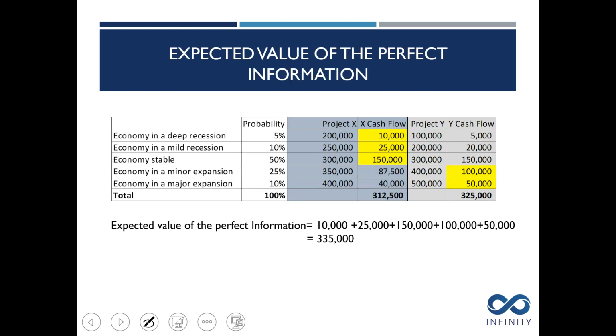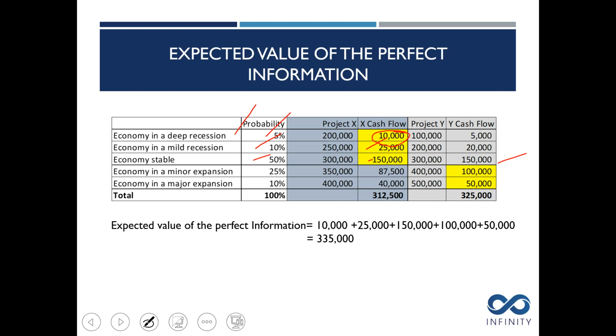Same example of cash flow. If we know the economy is going to be in deep recession, probability is 5%, we will choose cash flow X here, right? Because this is the highest value compared to Y. In this case also we will choose X. In this case we can choose either X or Y because both are giving you 150,000.